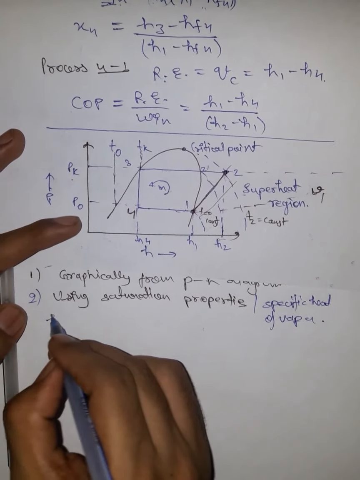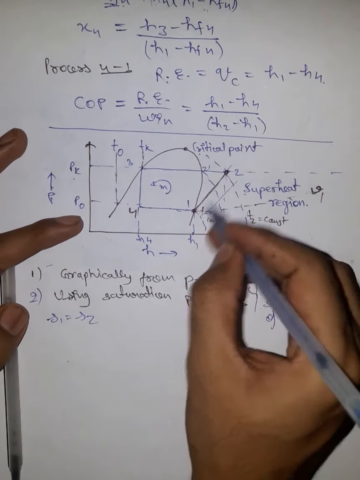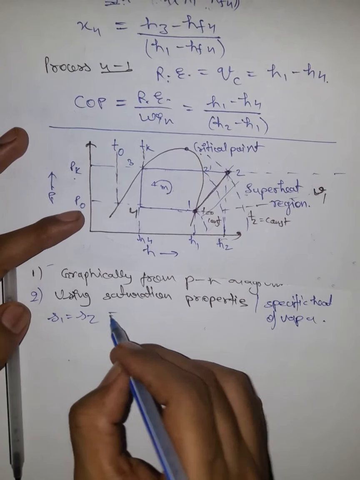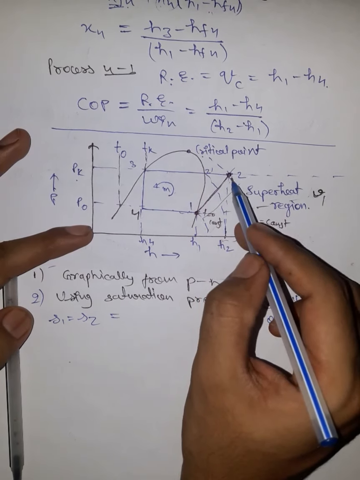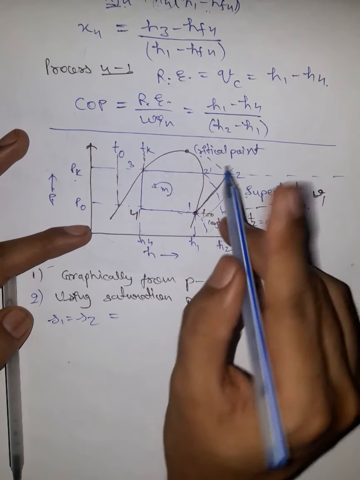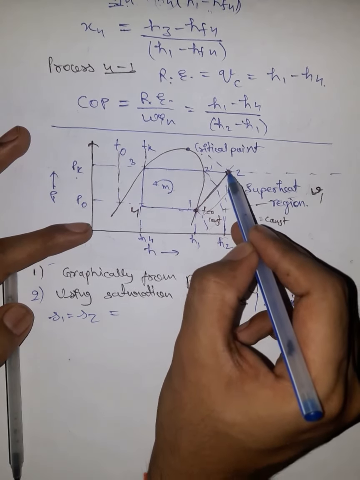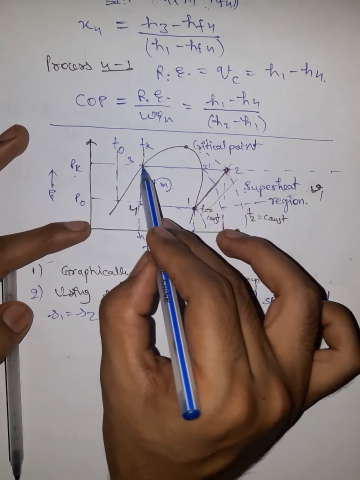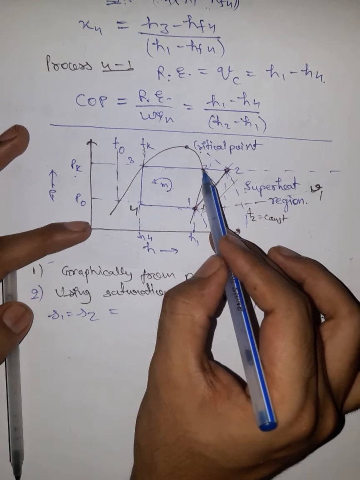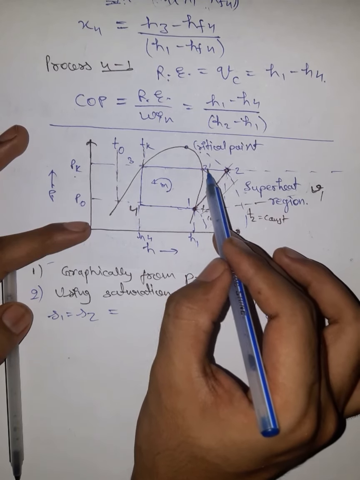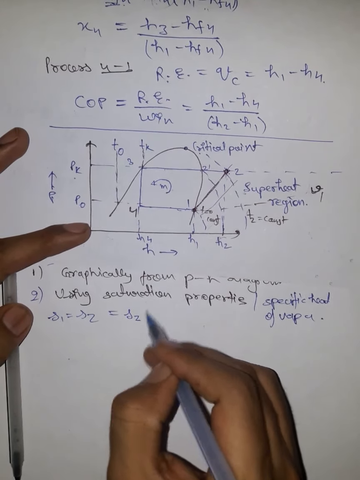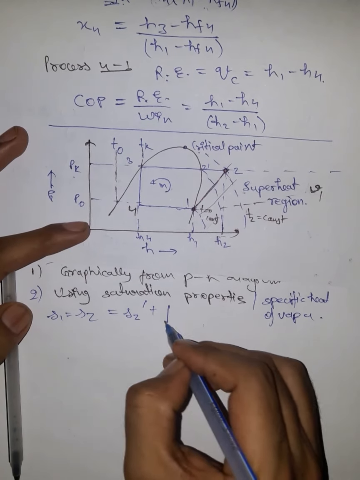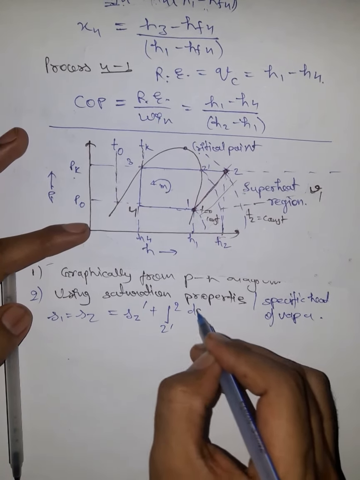We already studied that S1 equals S2, because this is an isentropic process, and from point 2 I already told you that we can write the entropy change involved here in two parts. At this point the entropy would be for the liquid that has been boiled and moved to this point, that is saturated vapor, and then it is superheated. So we can write it as S2 dash plus the integration from 2 dash to 2 of dq by T.